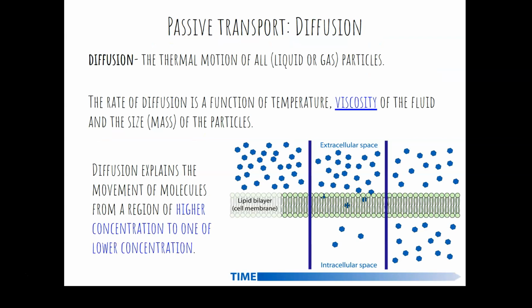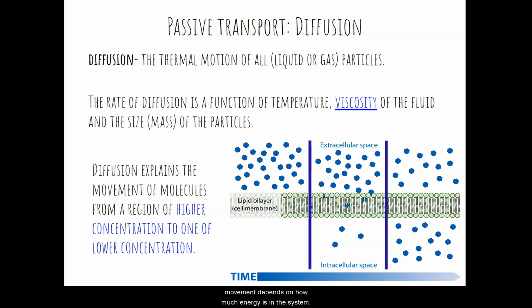So diffusion. This is the thermal motion of all liquid or gas particles. What I like to tell students is that when you think about things as being solids or liquids, you need to consider that at the scale of a molecule, you've got these little tiny things that are wiggling and bouncing around.